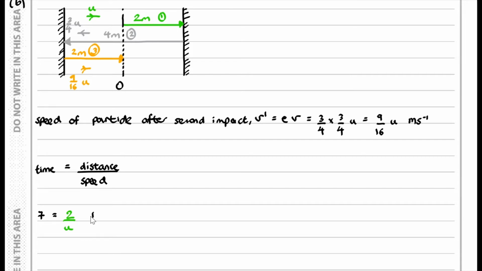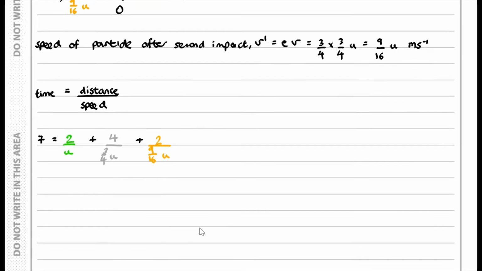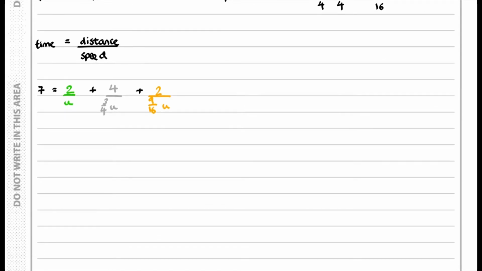Okay, now going back, the distance is 4 and the speed is 3/4 u. And then it goes back to the origin, the distance is 2 and then the speed is equal to 9/16 u.